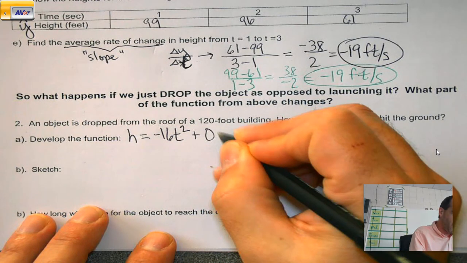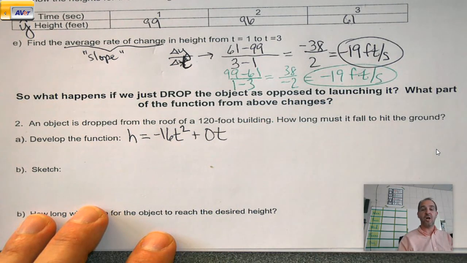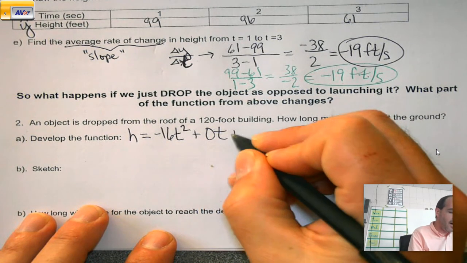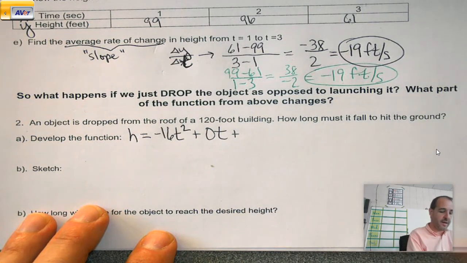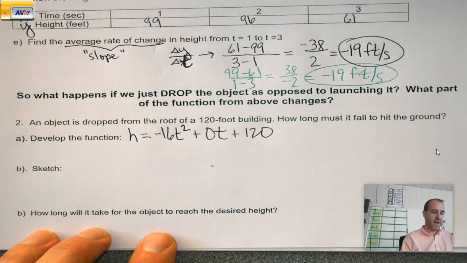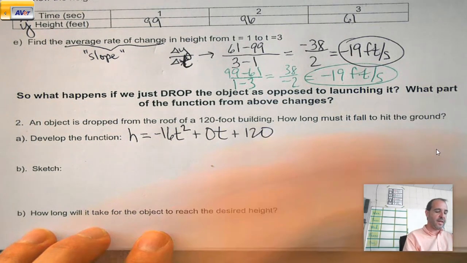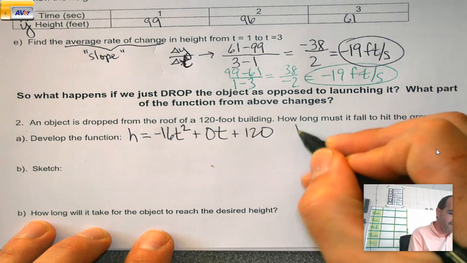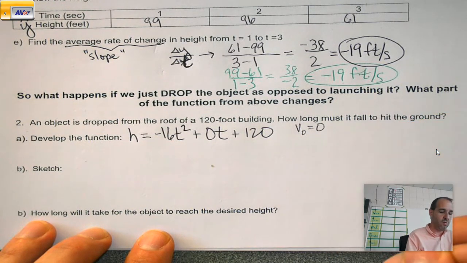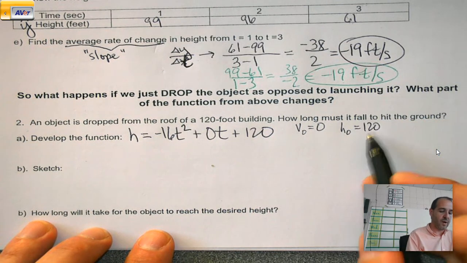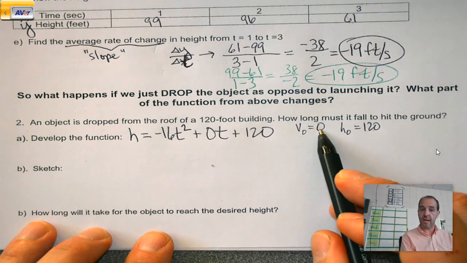So my v sub 0 would be 0, so 0t plus, and what's my initial height? 120. So v sub 0 equals 0, and h sub 0 equals 120. That's where I start. That's how fast it was when I dropped it.